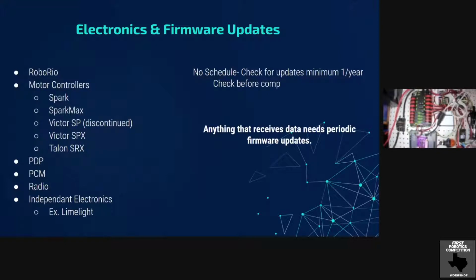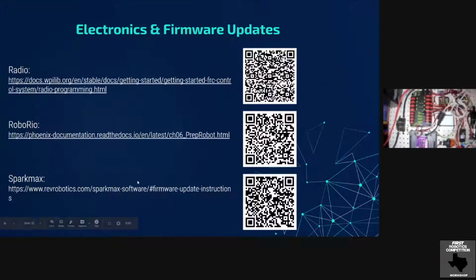As a general rule, anything that needs data or that data will be passing through will need firmware updates. So if you're going to go with anything independent and you're not sure if data is going to pass through it at all, just check and see if it needs a firmware update. We linked the firmware update walkthroughs from individual companies or from FIRST here.